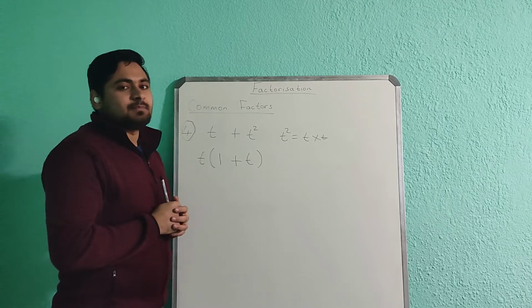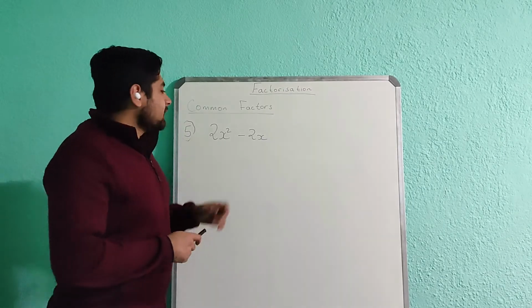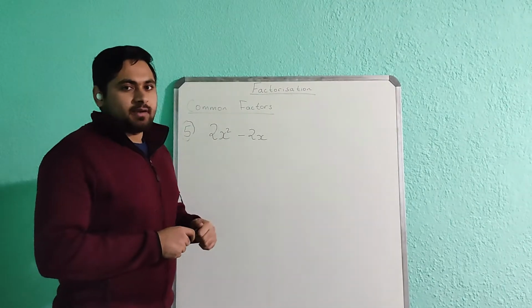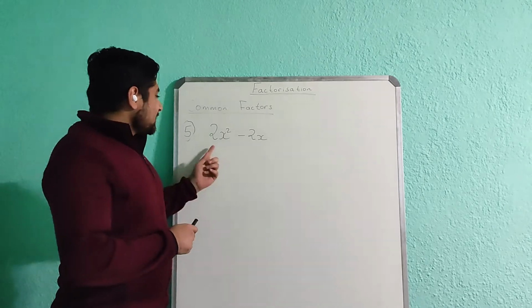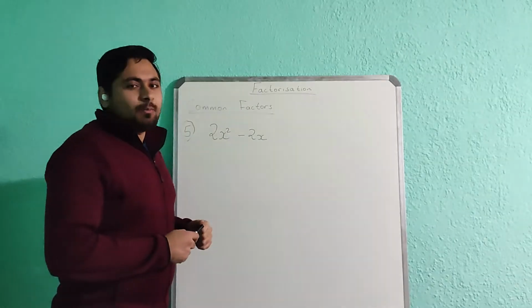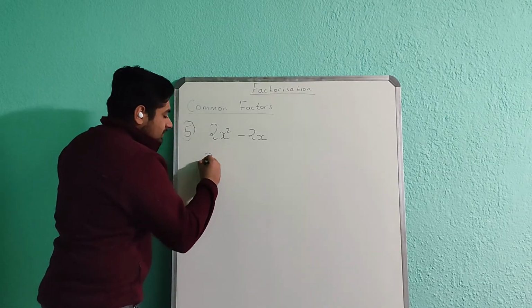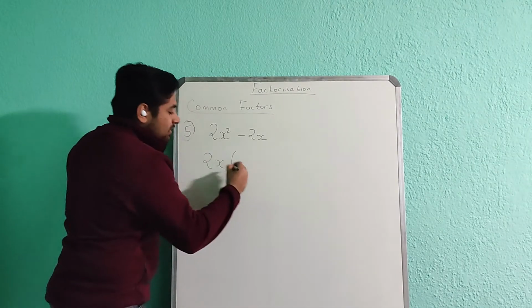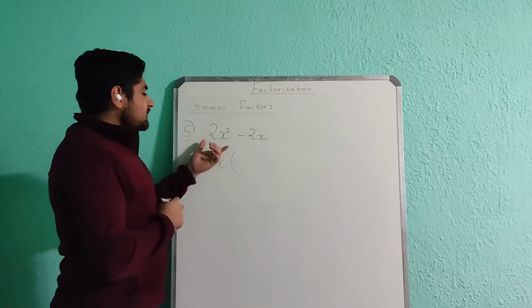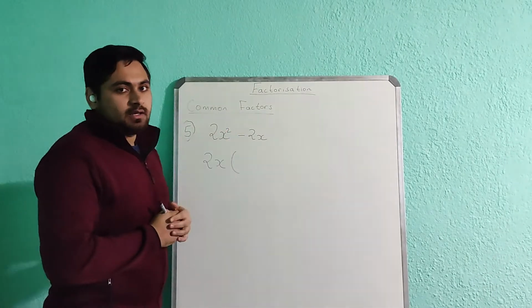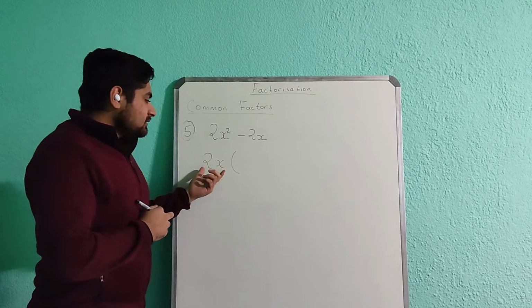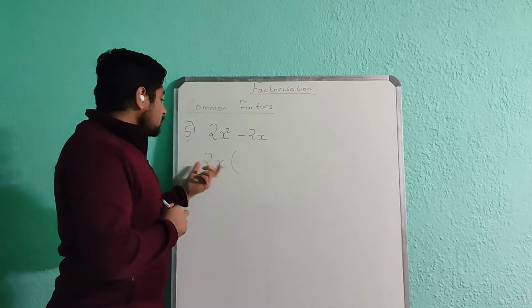Let's move on to the next example. Example 5 says 2x squared minus 2x. Easy, right? 2x is our common factor, correct? Yeah, that's right. Let's pull it out. So we got 2x and we open the bracket. As you can see in our first term, we got 2x squared. But we pulled out our common factor as 2x.